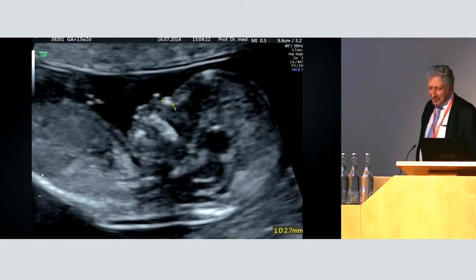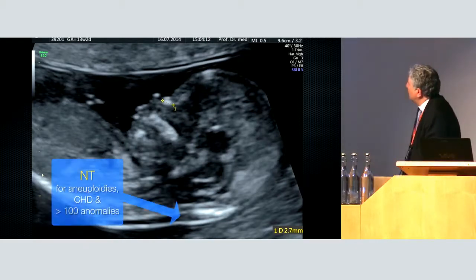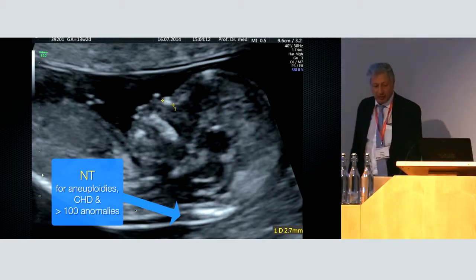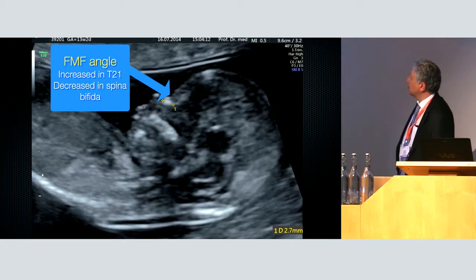So this is my favorite image, because today we have discussed many things, but yesterday and today we've seen that nuchal translucency, even in the era of NIPT, can be used not only for aneuploidy but for heart defects and more than 100 anomalies. We can look at the angle, which is increased in trisomy 21, but decreased in spina bifida, I showed you before.